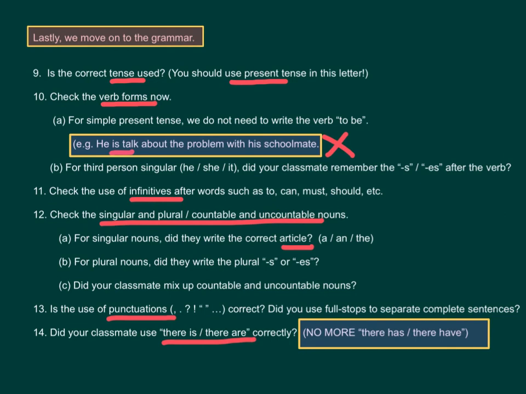For single nouns, did they write the correct articles a and the? And for plural nouns, did they write the plural s or es? And did your classmate mix up countable nouns and uncountable nouns?